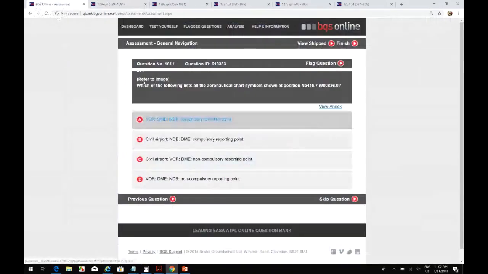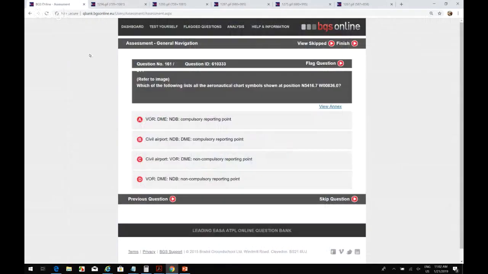DME. NDB. Is it a compulsory reporting point or non-compulsory reporting point? I don't see any mention of reporting point here, so it must be non-compulsory. I'm going to go for D.